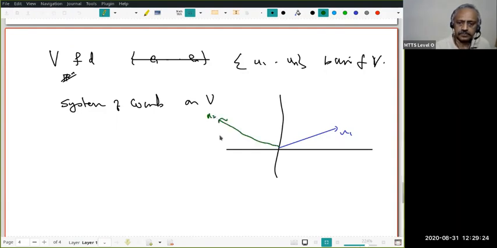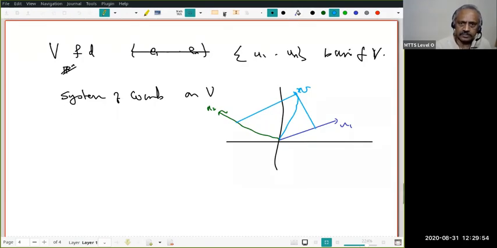The idea is to start with any vector x. It's going to be a linear combination of the two vectors, by the law of parallelogram. So this will be this vector. Any vector v will be a linear combination. If you don't understand such things, ignore. I'm going to explain that in a minute.